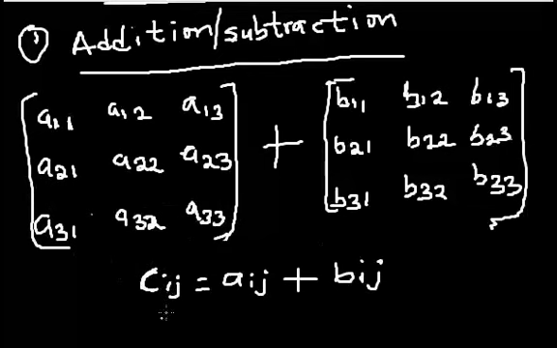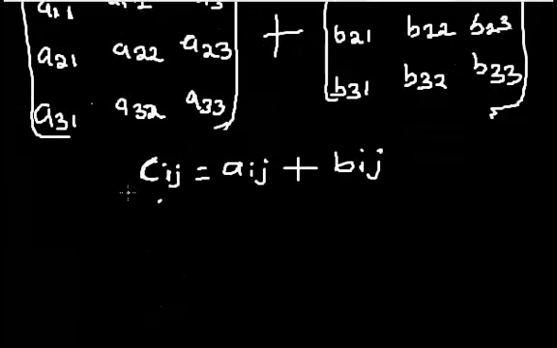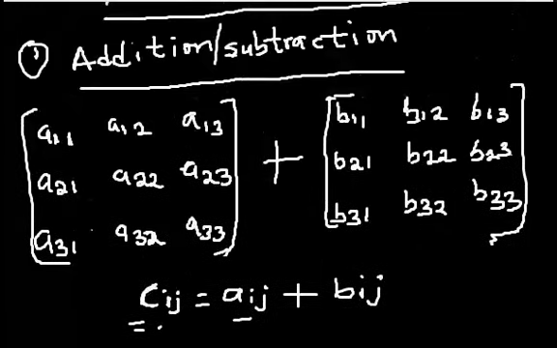From this formula you see here, the i represents the rows while the j represents the columns. So each element in the new matrix C is going to be the sum of the element of matrix A plus the element of matrix B at the same position of the row and the same position of the column.